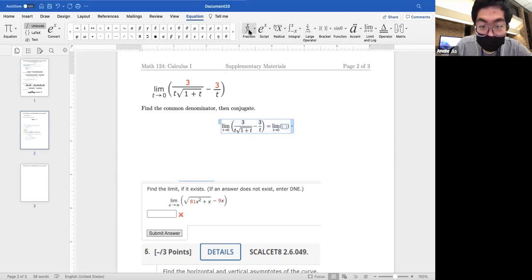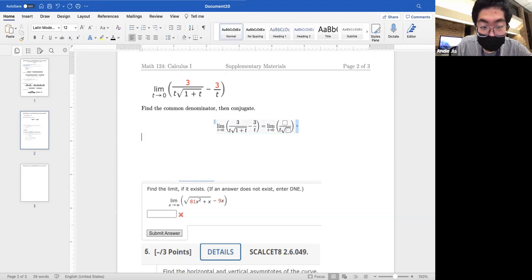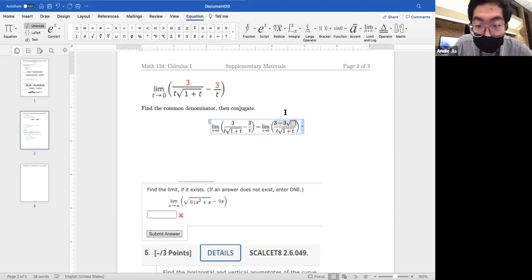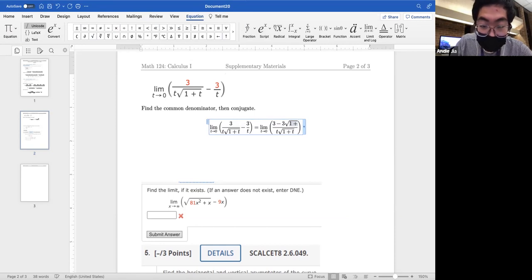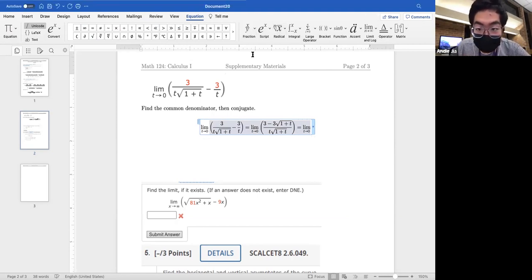The common denominator of 3 and 1 plus t will be 3 minus, you just needed this 3, 1 minus t, one plus t. And then conjugate the whole thing, right?